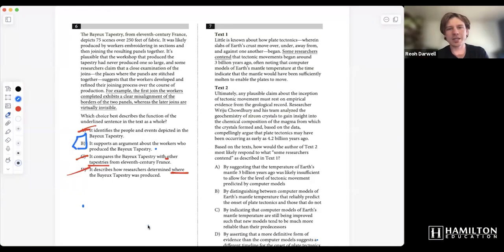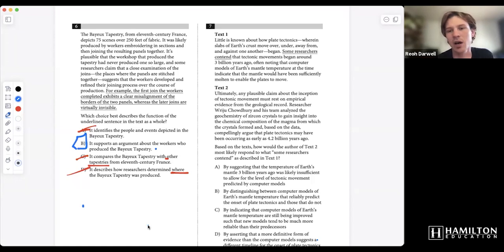All right, so with these cross-text connection questions, like we see on 7, we need to make sure that we are using the texts to come up with the quote-unquote likely responses. Okay, so the questions typically ask something along the lines of, how would the author of one of the texts most likely respond to a claim in the other text, right?